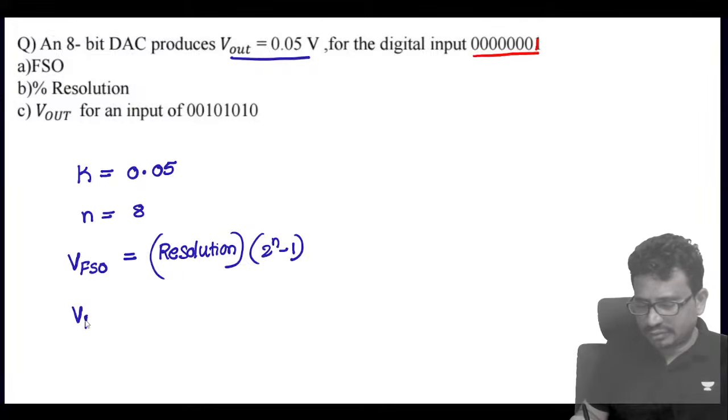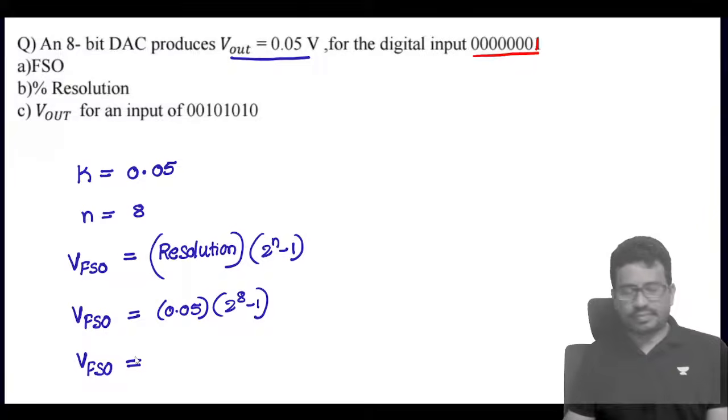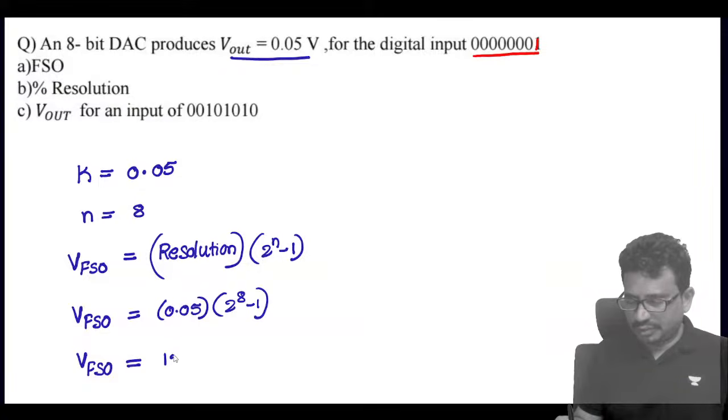So the full scale output voltage is 0.05 into 2 power 8 minus 1. Simplify and get it, and this value will be 12.75.